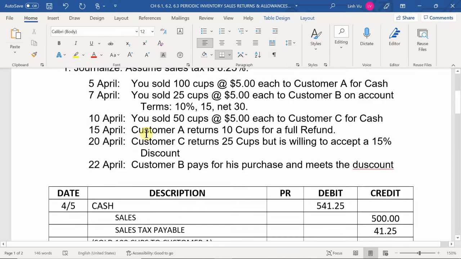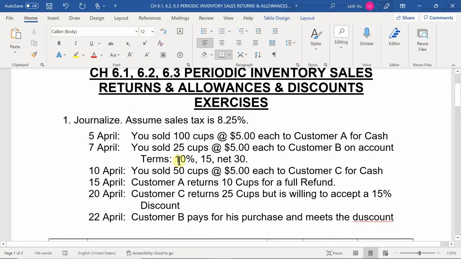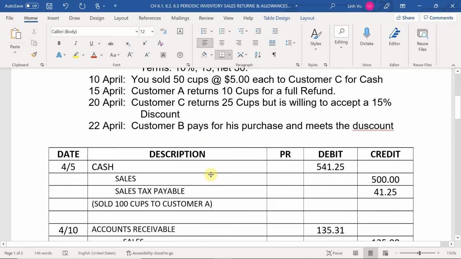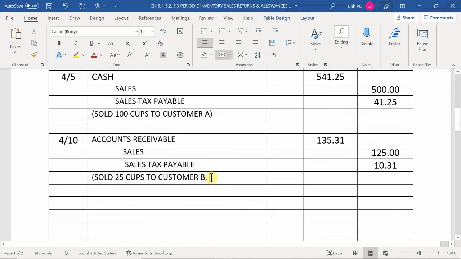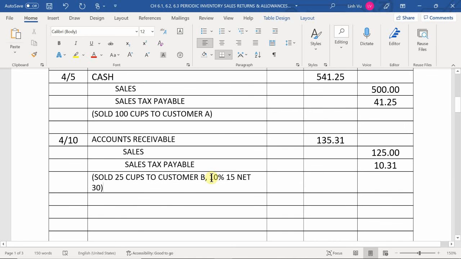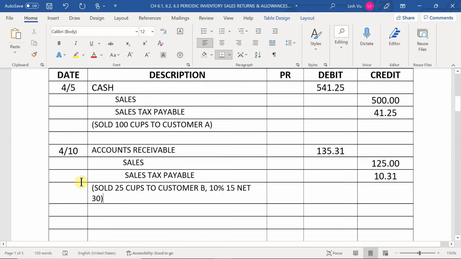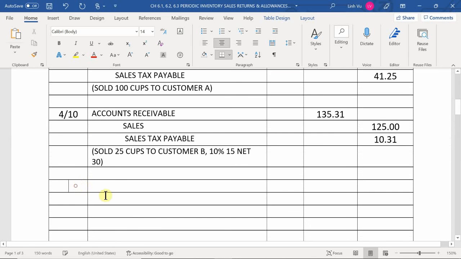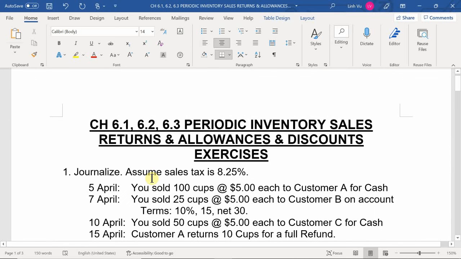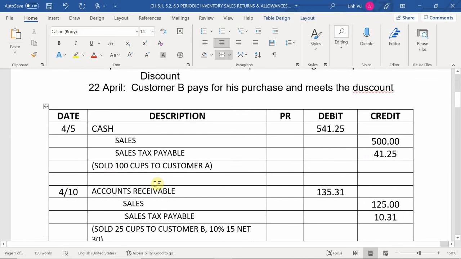Terms is going to be 10%, 15, net 30. All right, so that was April 7. I don't know why I put April 10.